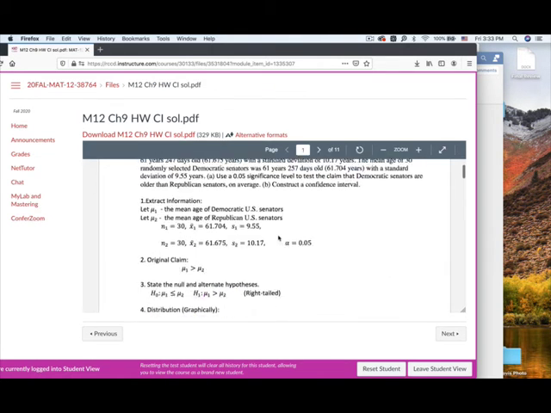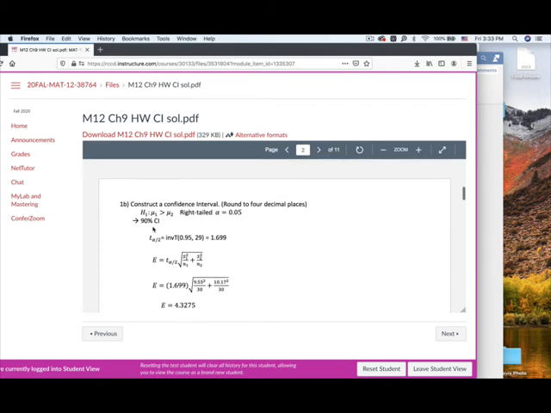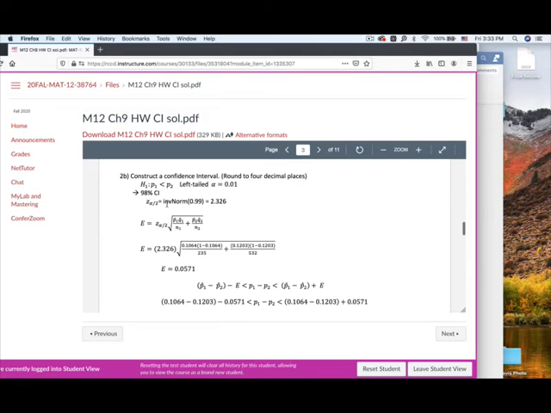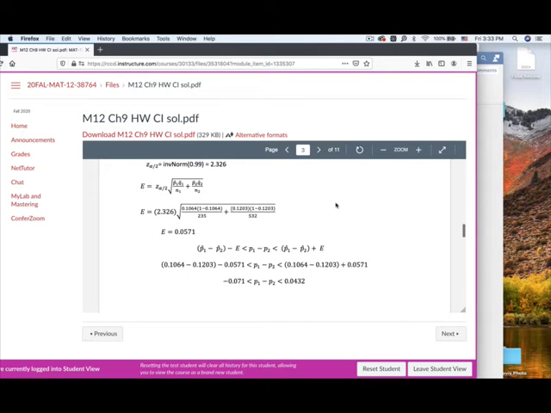For chapter 9, make sure to state which one is your population 1 and which one is your population 2. For the confidence interval, I need to see how you find the critical value, use the formula to find the margin of error, and construct the confidence interval. Again, show me the critical value, use the formula to find the margin of error, and then construct the confidence interval.